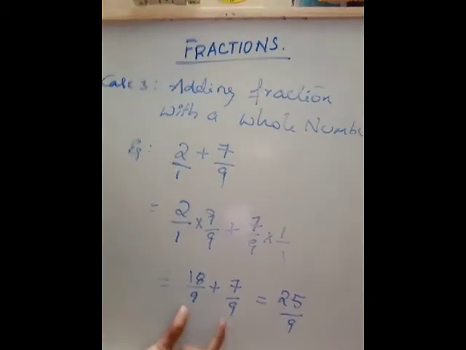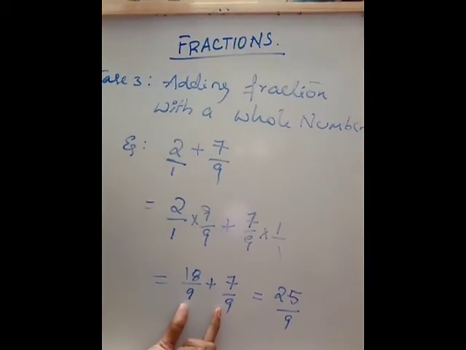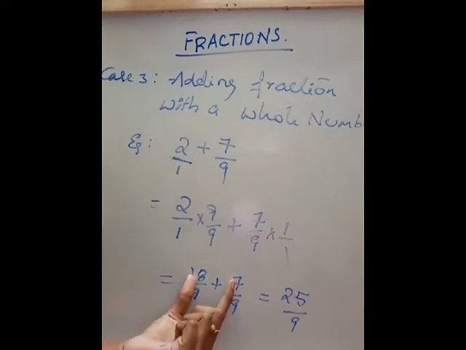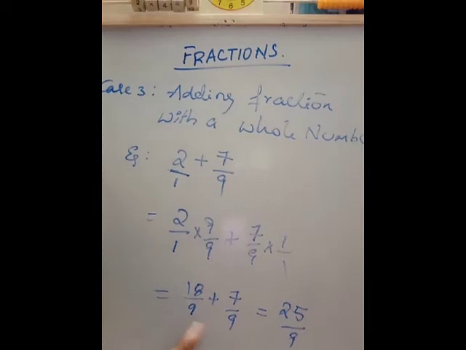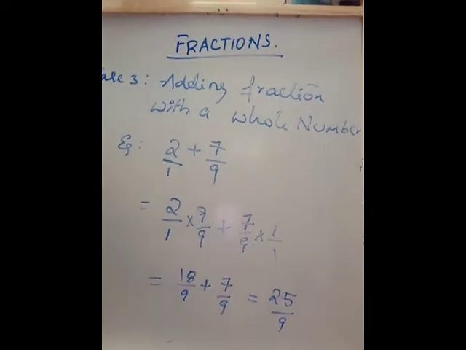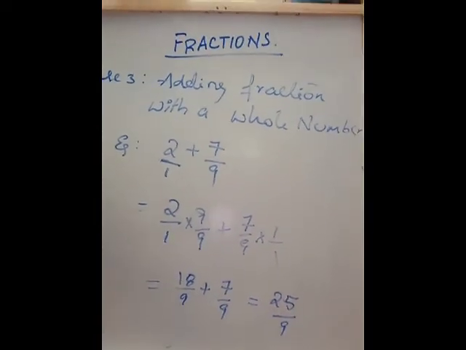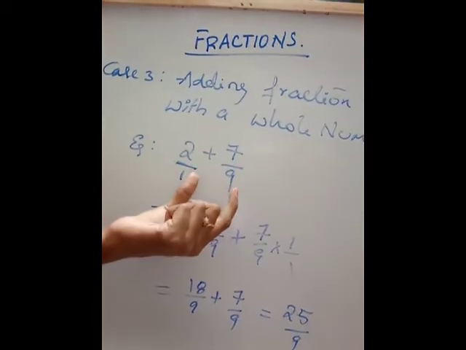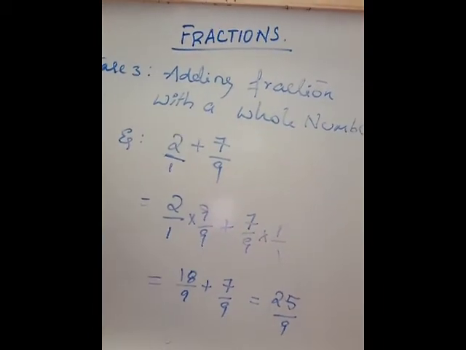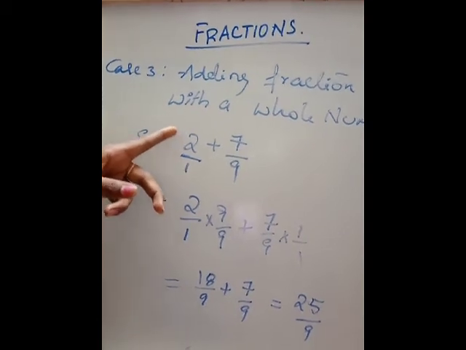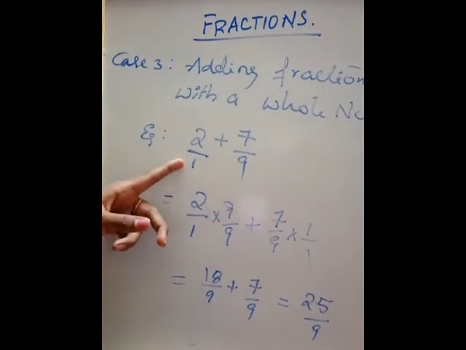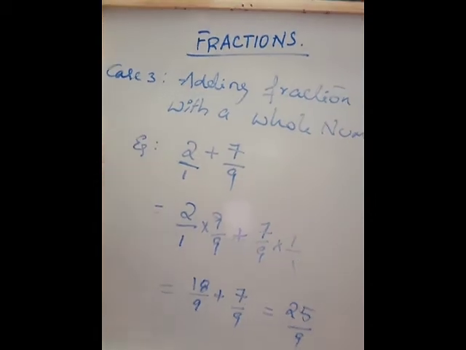Now you can observe both denominators are the same. So add the numerators. 18 plus 7, 25. 9 and 9, the same denominator 9. So 25 by 9 is the answer. This is a special case under unlike fractions only. Please remember that for every whole number, the fractional form is the number by 1, like 2 by 1.